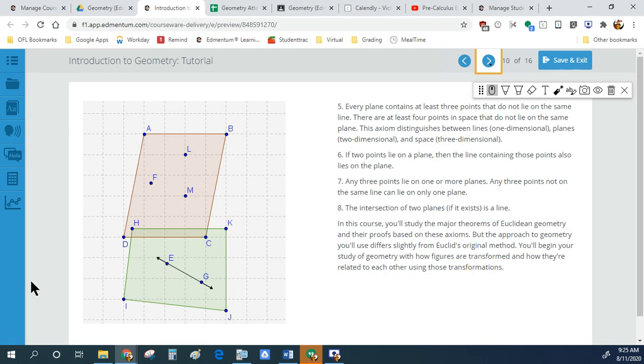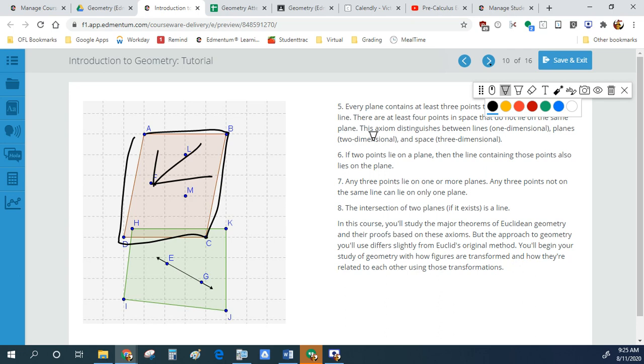And then let's go over the other ones. The definitions of lines and planes are important. Whenever you think of a plane, think of a piece of paper. A piece of paper is a plane. It has 2 dimensions. You can go left, up and down, diagonal. And what Euclid says is you need at least 3 points to make a plane, which makes sense because you have to have the up and down and everything.